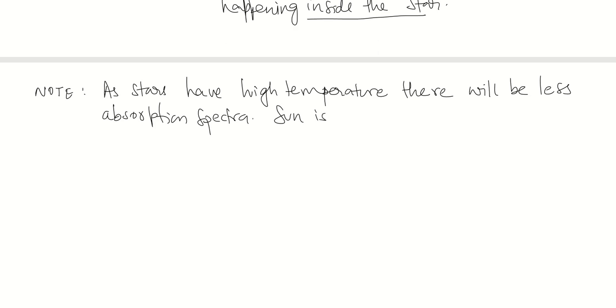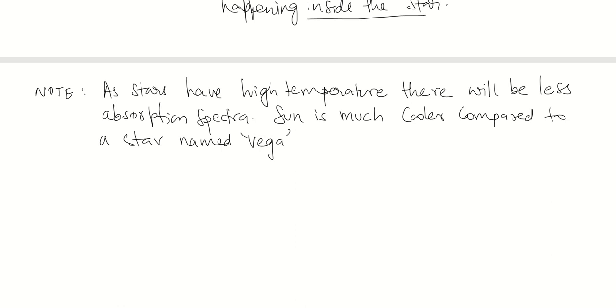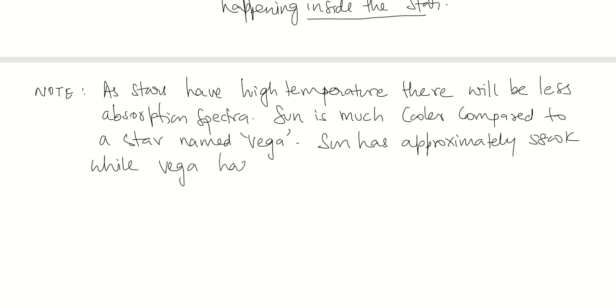The Sun is much cooler compared to a star named Vega. The Sun has approximately 5800 Kelvin, while Vega has 9600 Kelvin.